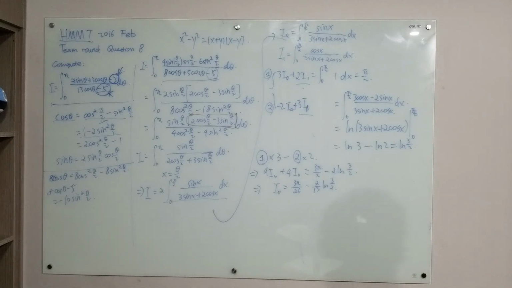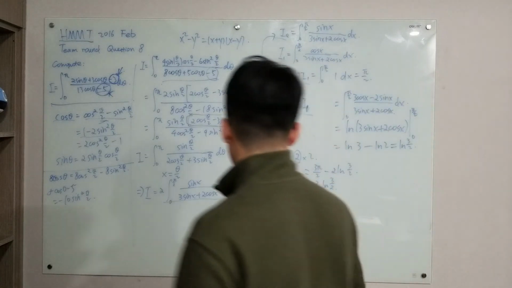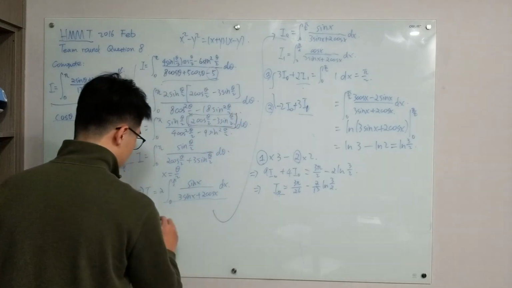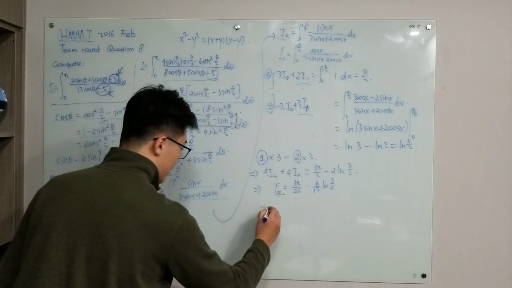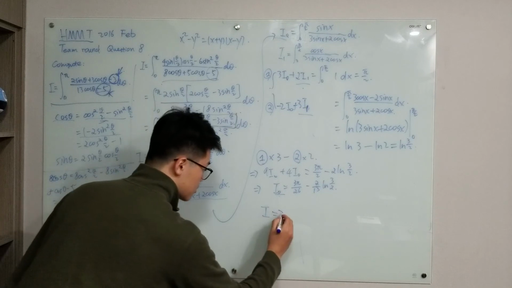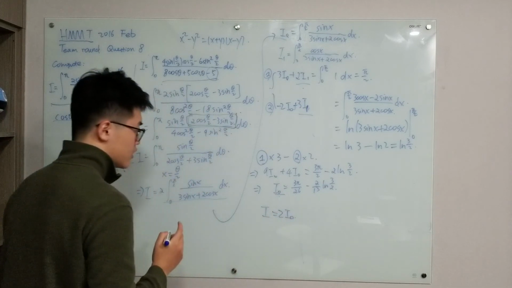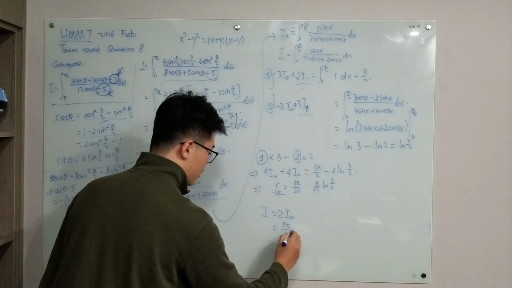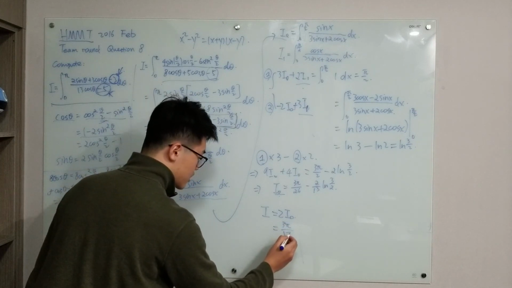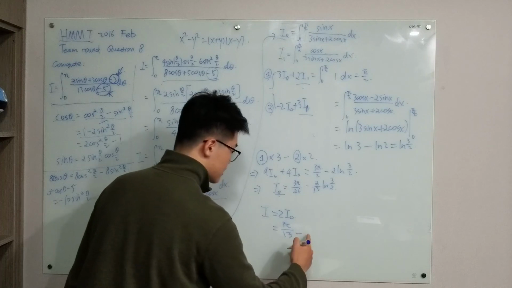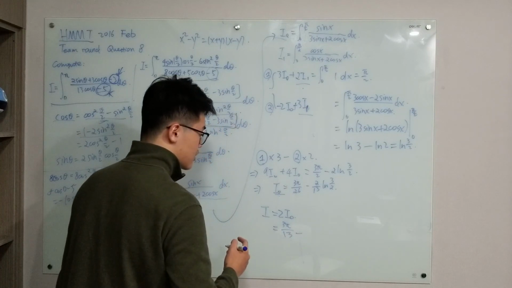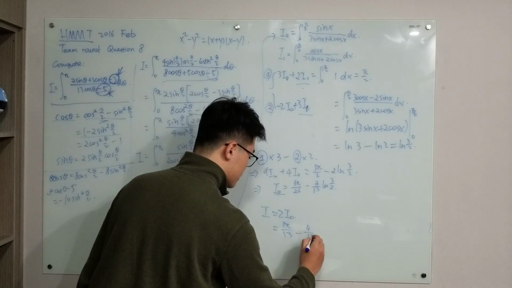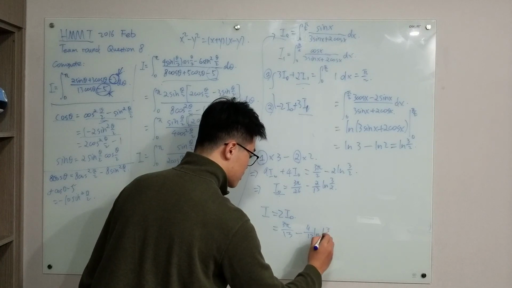Then, because I equals 2 I0, I equals 3 pi over 13 minus 4 over 13 ln 3 over 2.